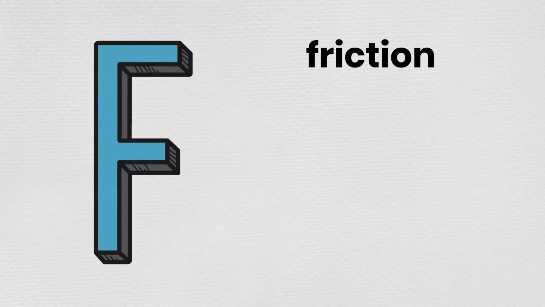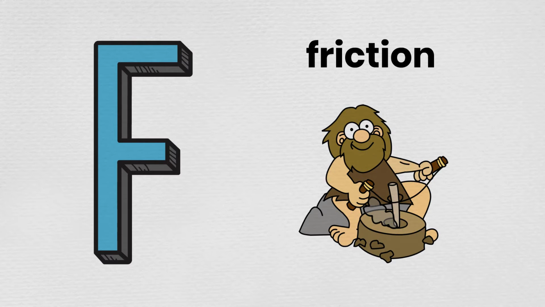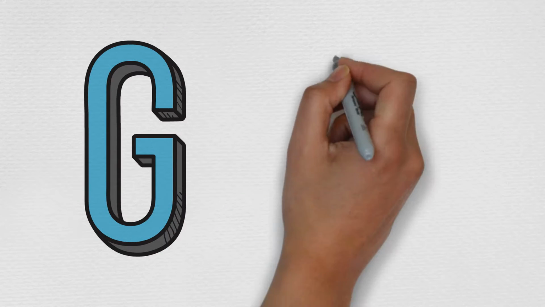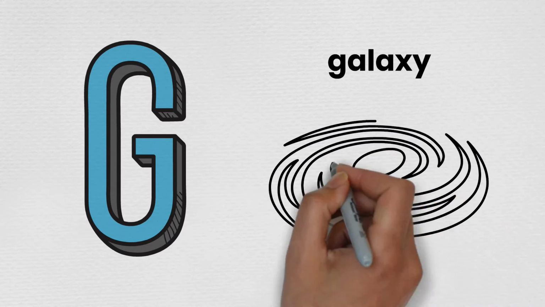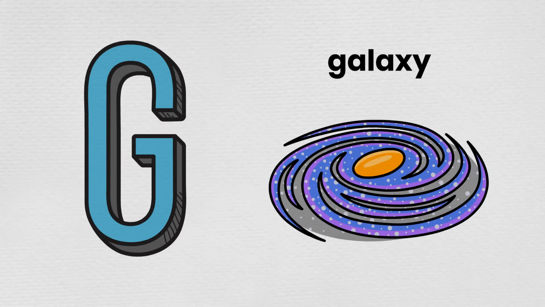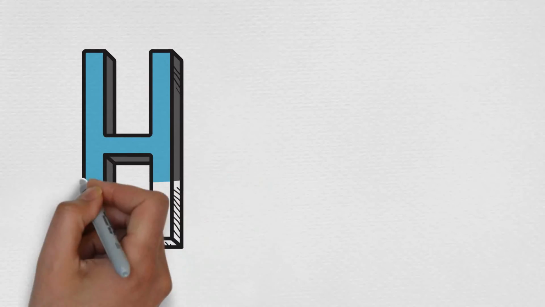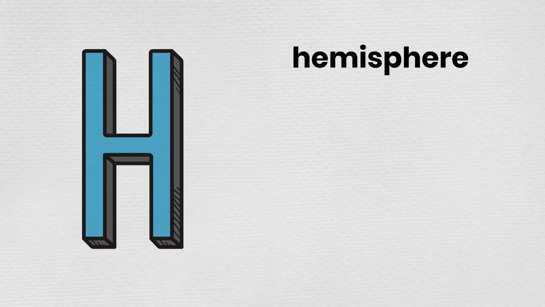F is for friction. G is for galaxy. H is for hemisphere.